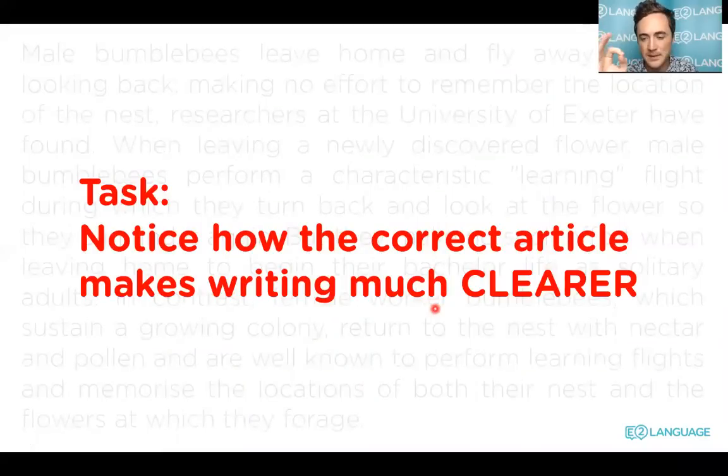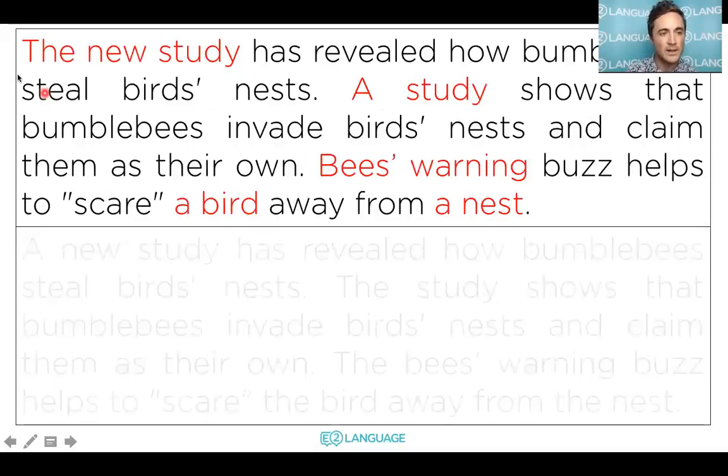Articles are absolutely essential in writing and also speaking because it makes it incredibly clear if you use the right one. If you use the wrong one, it makes it very unclear. In this paragraph, the articles are incorrect. I'm going to read it to you, and I just want you to notice how unclear it is.